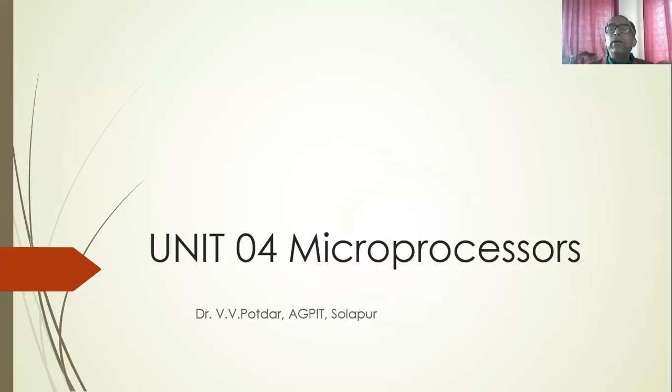As we have seen various units up till now, we have seen introduction to mechatronic systems, we have seen studies of sensors, transducers, we have seen control systems, we have seen some actuating elements like hydraulic elements, pneumatic elements and electrical elements.